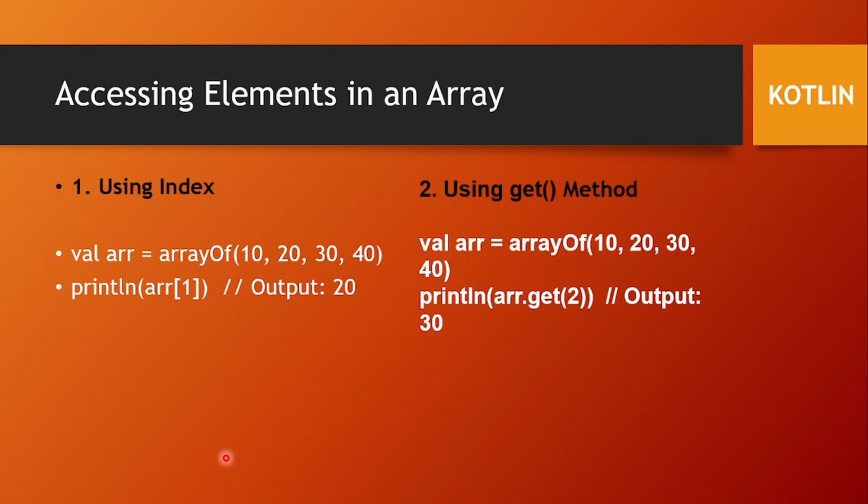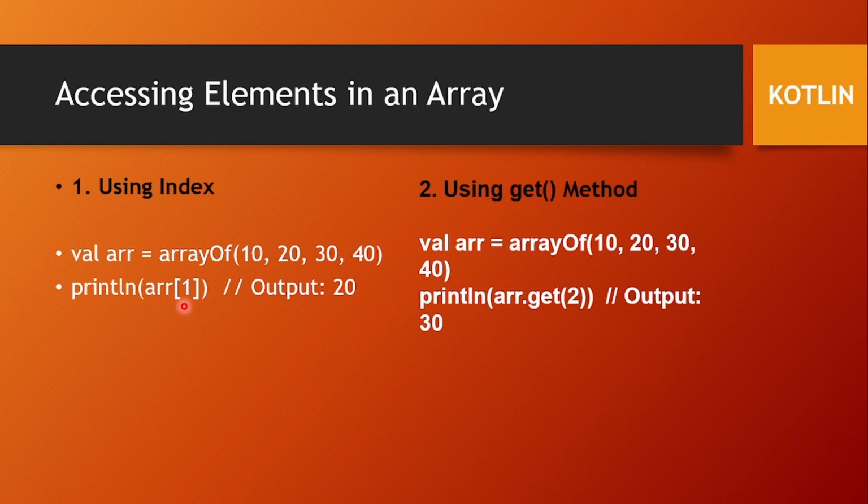So let's see how we can access our elements inside of an array. As you can see here, by using the index or by using the get method, by both methods you can access your elements. Here, after initializing your array with 4 elements, they are all integers and the same type. So by the println function and by using the index of your array, you can print or access the element of your array.